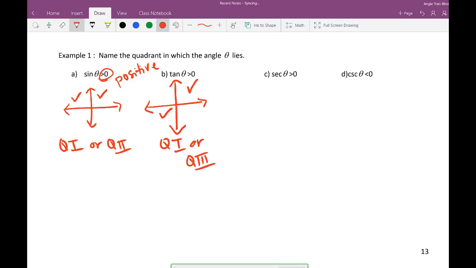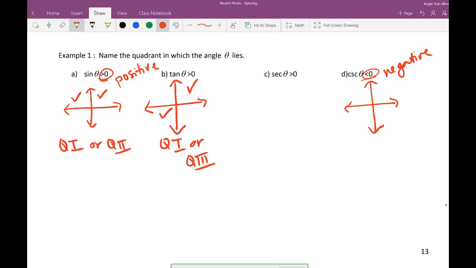Okay. I'm going to go all the way down to letter D. D, cosecant of theta is less than 0. Less than 0 means what? Positive or negative? Negative. So, guys, what quadrant or quadrants is cosecant negative in?